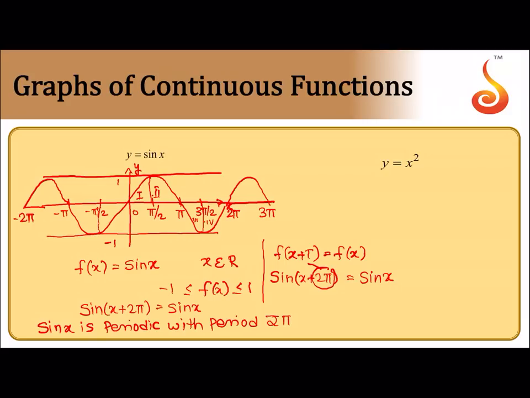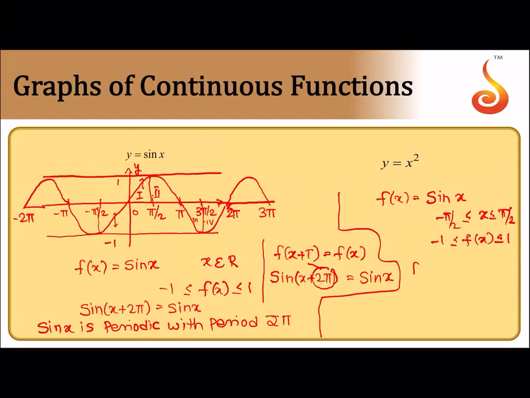So, this also we have studied in one-one and onto. We take the interval minus pi by 2 to plus pi by 2. Why? All negative values and all positive values. So we already studied f of x equal to sine x when x lies between minus pi by 2 to plus pi by 2. f of x lies between minus 1 to plus 1.